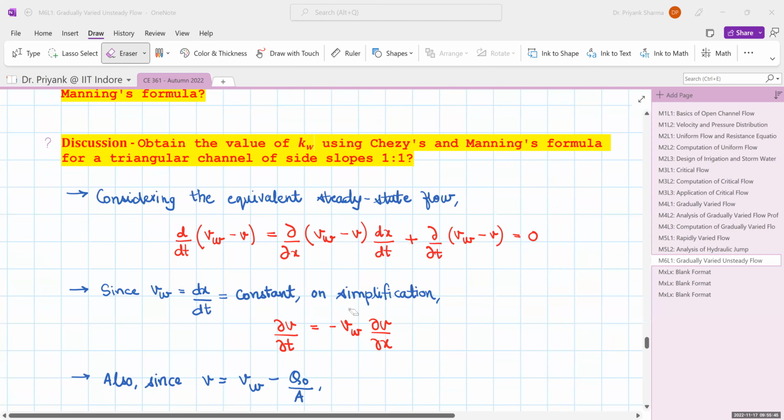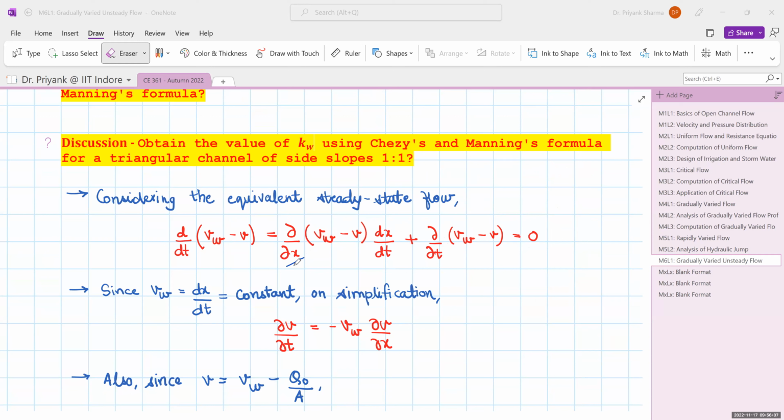So now what we'll do is consider an equivalent steady flow. We are giving another velocity in the negative direction. So you have d by dt of (V_w minus V) into del by del x of (V_w minus V) dx by dt plus del by del t of (V_w minus V) equal to 0.